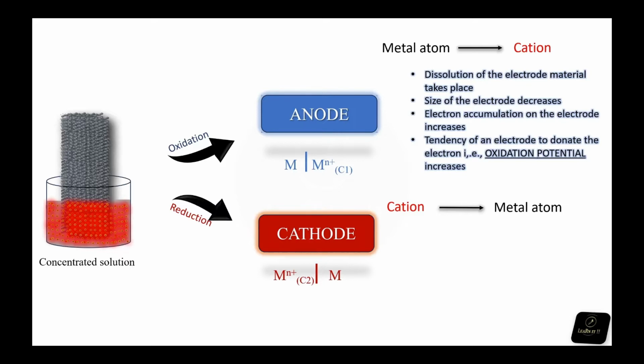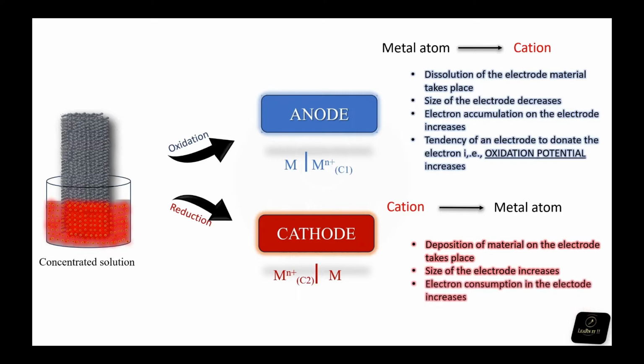The material deposits on the electrode, the size of the electrode increases, electron consumption in the electrode increases, and the tendency of an electrode to accept electrons, that is, reduction potential, increases.